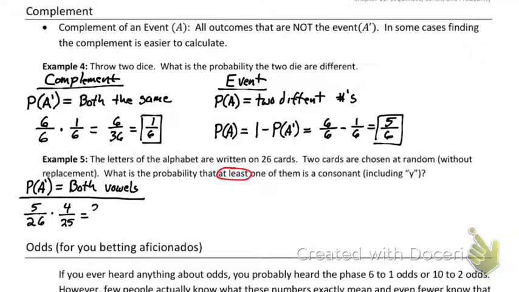So that's going to be 20 over 650, which you can reduce to 2 over 65. Let's just do the eye test right now. What would the probability of this complement be, of getting at least one consonant, just using the eye test?